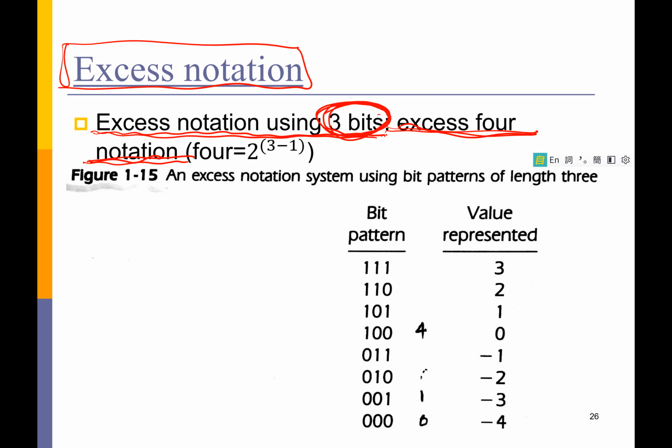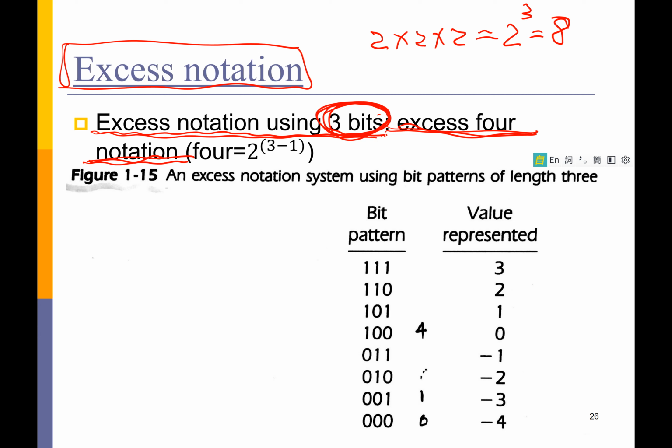Supposedly, you have 3 bits to represent your integer number. Now, with 3 bits, you have 2 choices for the first bit, 2 choices for the second bit, 2 choices for the third bit. So you have 2 to the power 3, you have 8 combinations.